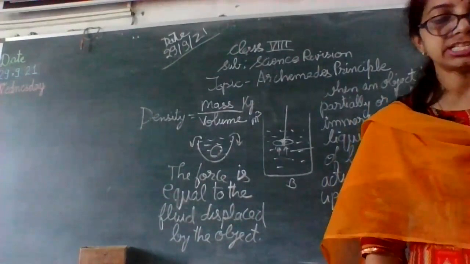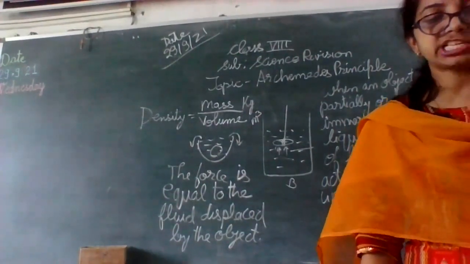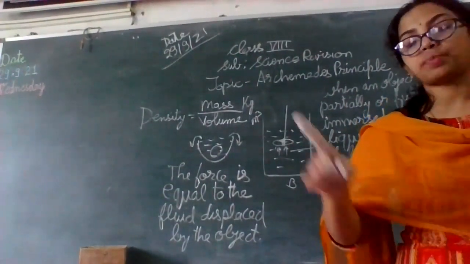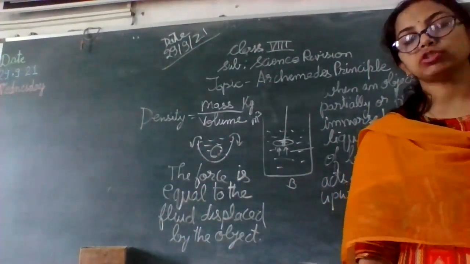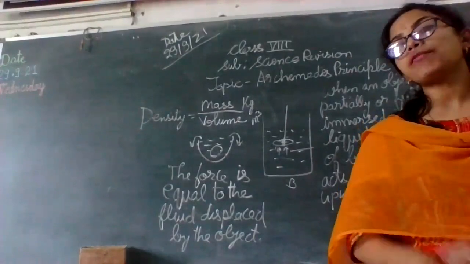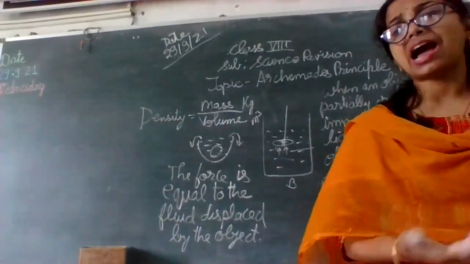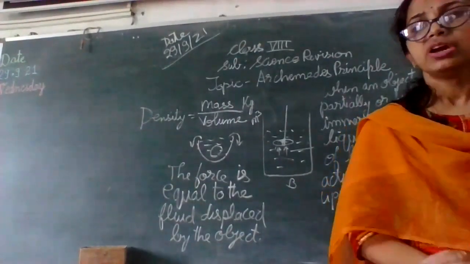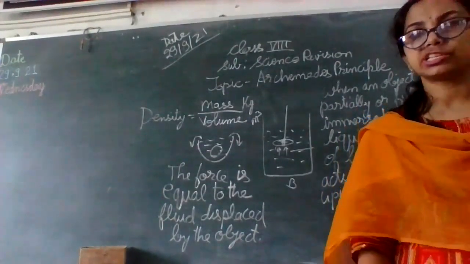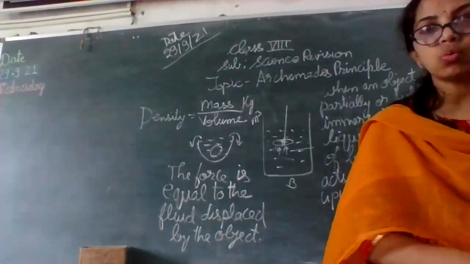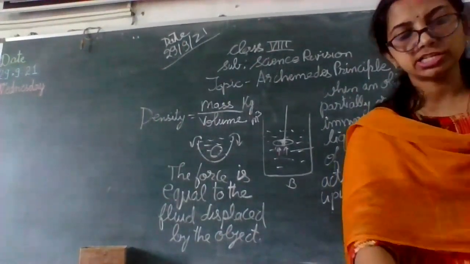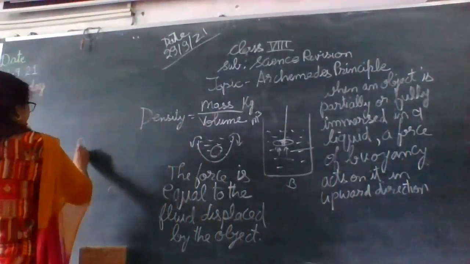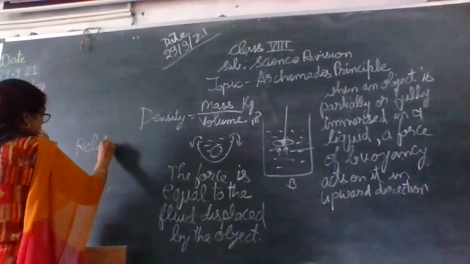Now, the relative density of a substance is expressed with respect to the density of water. We are going to compare the density of any other substance like iron, magnesium, wood, with relation to water. That is the relative density. So how is relative density found out?